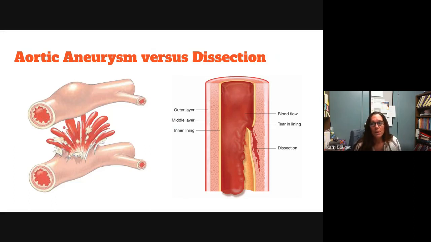If it ruptures, my patient's going to bleed out and there's nothing I can do about it. If I had one, I would want it fixed. Please, we're not just going to watch it. But if you have that, check the pulses in the patient's feet simultaneously and see if one is stronger than the other. If they're significantly different, there's a potential that it's a significant bleb.